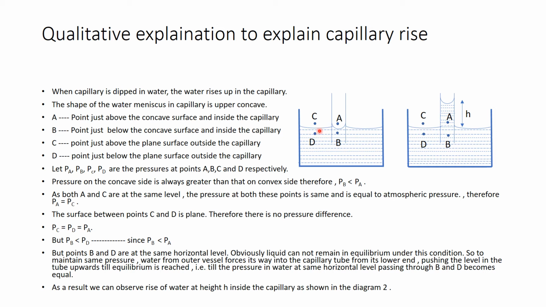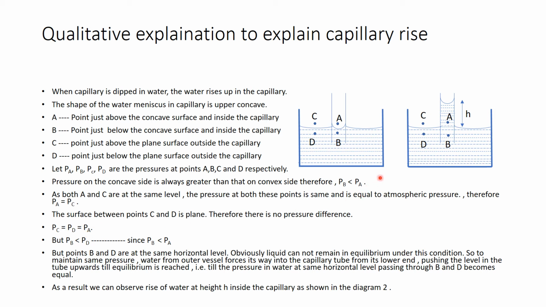It means that we can write PC equal to PD. And since pressure at point C is same as pressure at point A, PC is same as PD is same as PA, right?